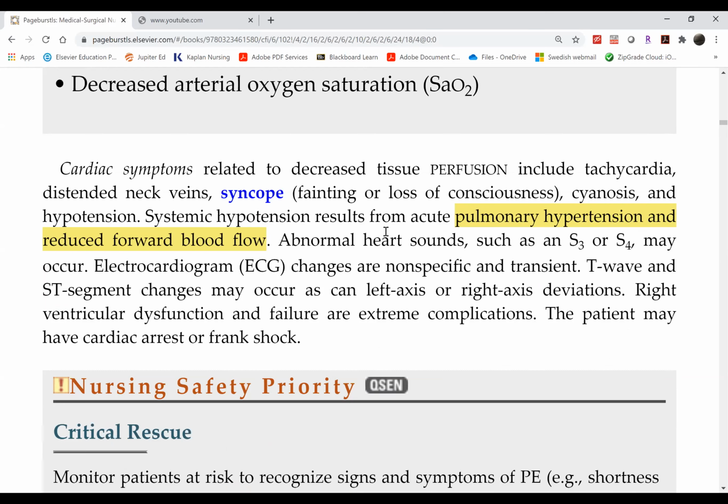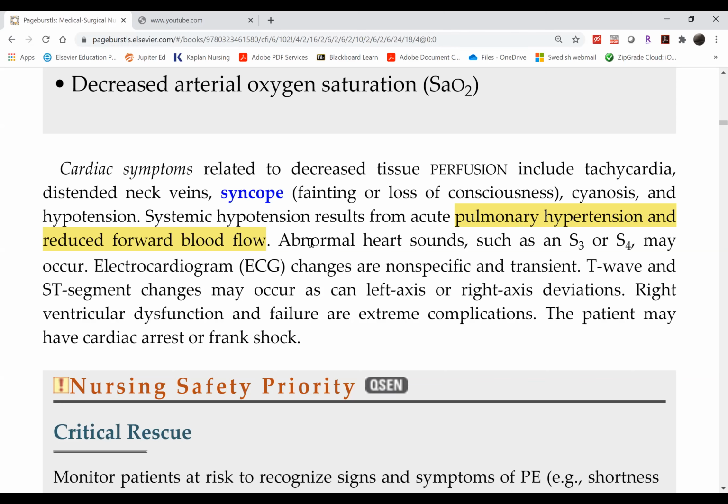There is now a reduced forward blood flow, as I drew on the whiteboard earlier. Now this results from the acute pulmonary hypertension. And this again will cause systemic hypotension because if you imagine, there is now less blood getting to at least one lung because of the obstruction caused by the pulmonary emboli.